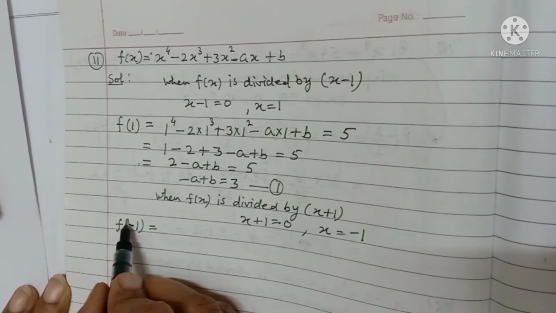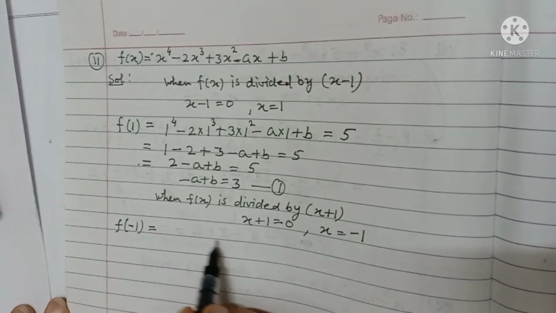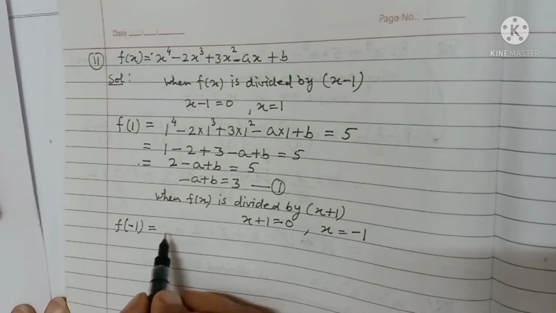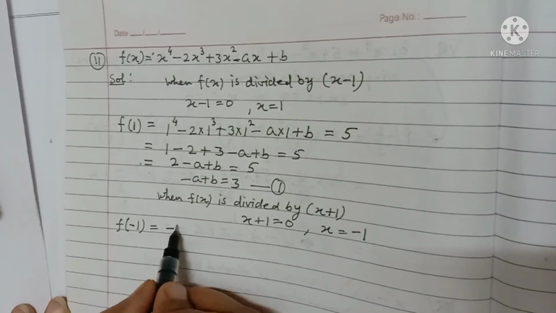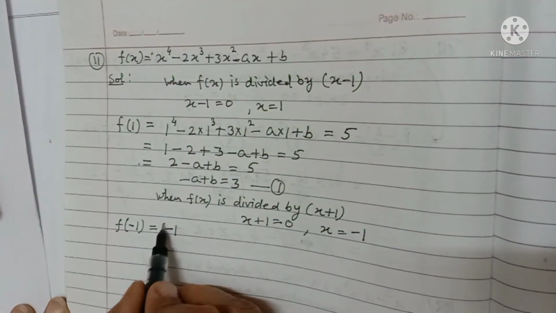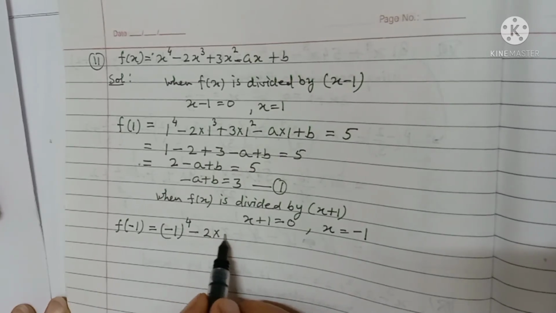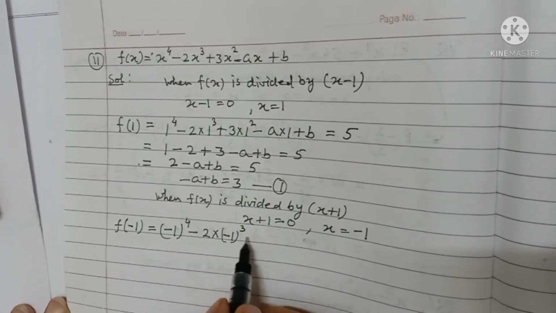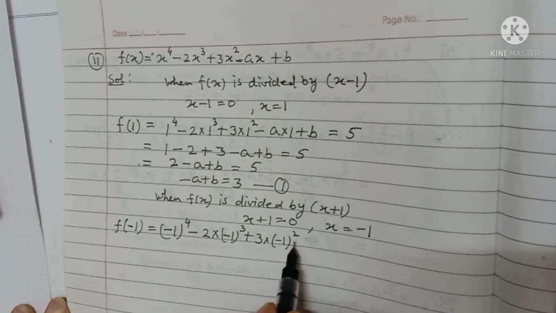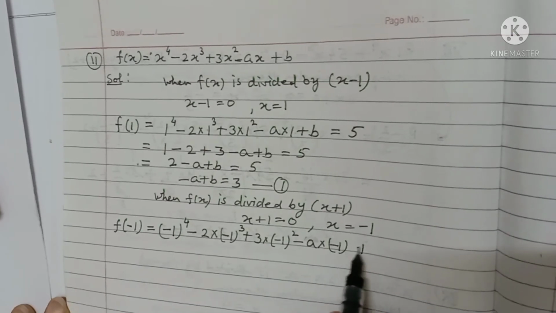When you substitute the value in place of x, then it is the remainder. So write down: minus 1 to the power of 4 minus 2 into minus 1 cube plus 3 into minus 1 square minus a into minus 1 plus b.